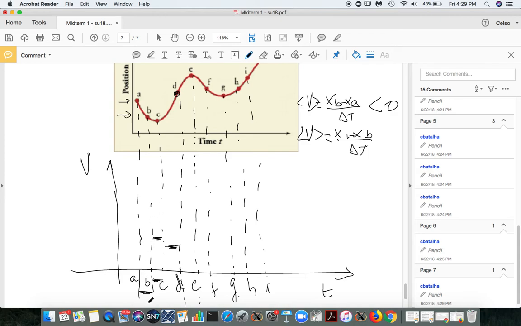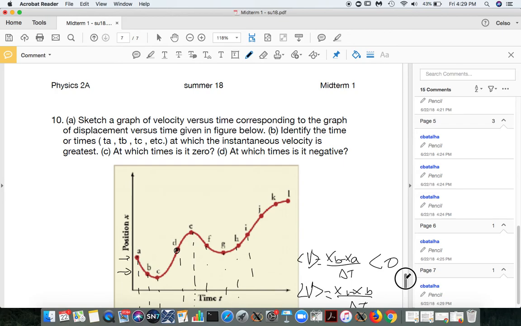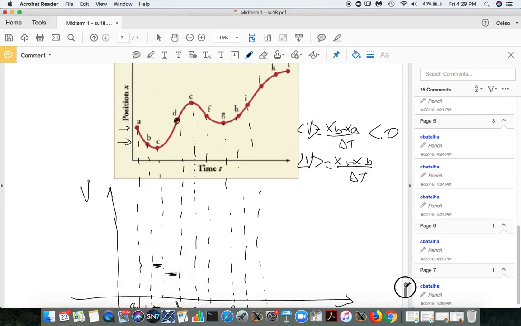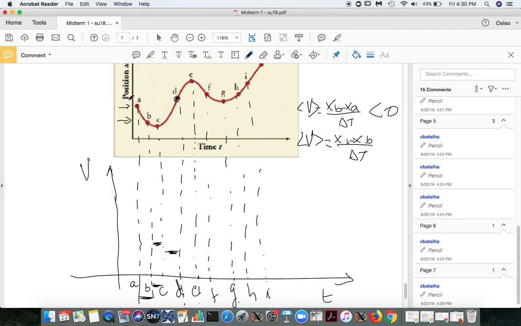But the problem asks us to do instantaneous. When you do instantaneous, the slope of a graph of position versus time at a given point gives the velocity.